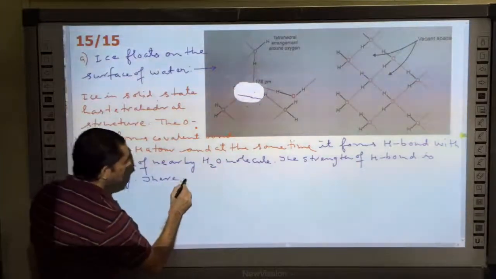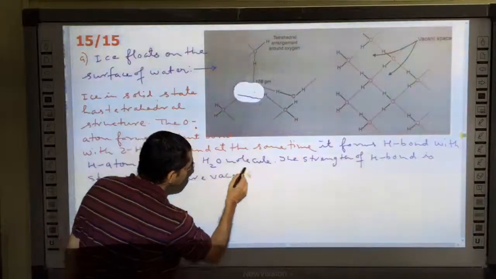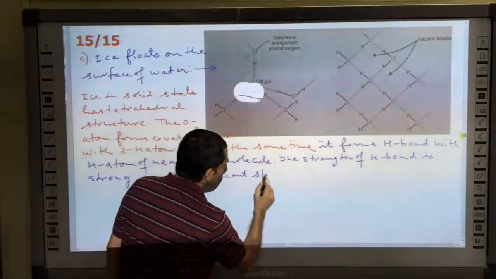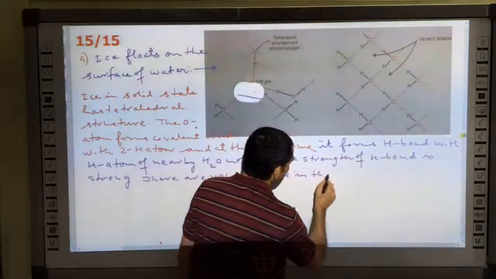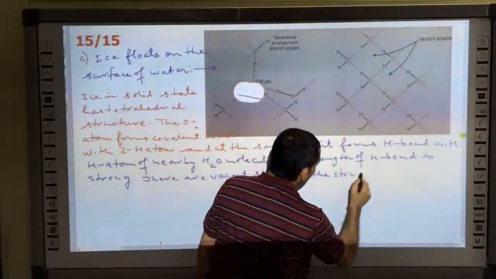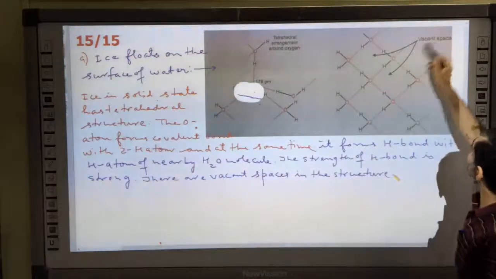There are vacant spaces in the structure. Now you can see, in this structure there are vacant spaces.